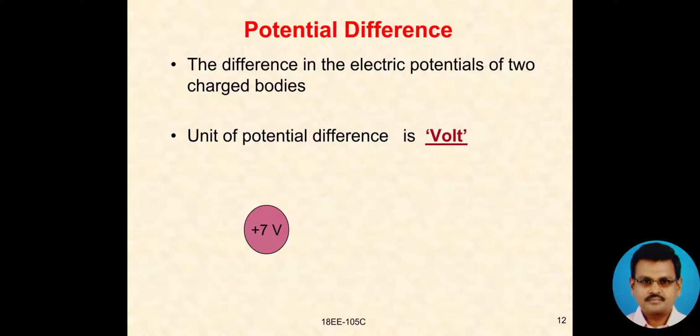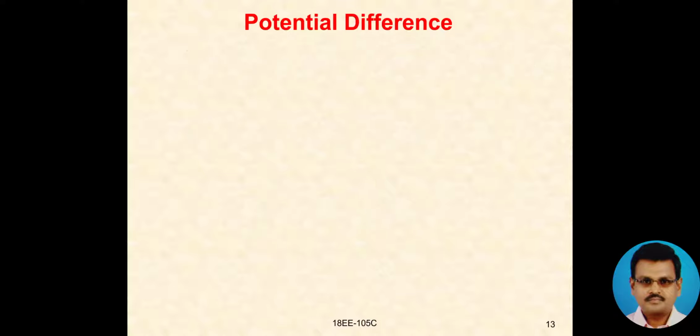Now let us take an example where the two bodies A and B are there. A has a potential of plus 7 volt and B has a potential of plus 3 volt.